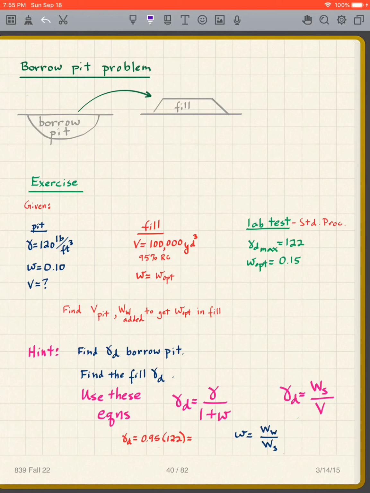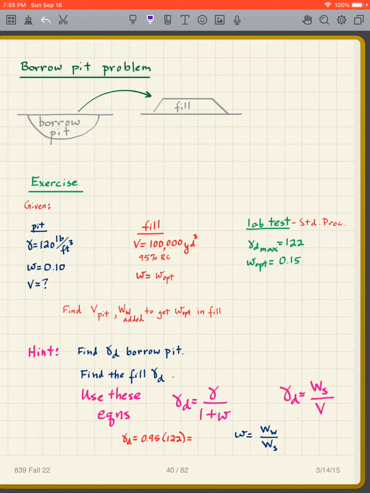And what we find, of course, is that the volume of the soil taken from the borrow pit is not the same as the volume of the fill. Why? Because generally the soil is less dense in the ground than what we want for the fill. So generally we need to take a greater volume of a borrow pit to create the fill.